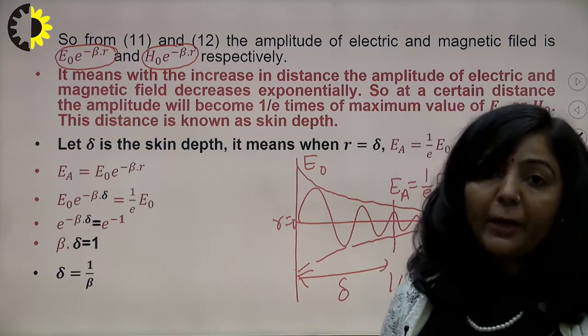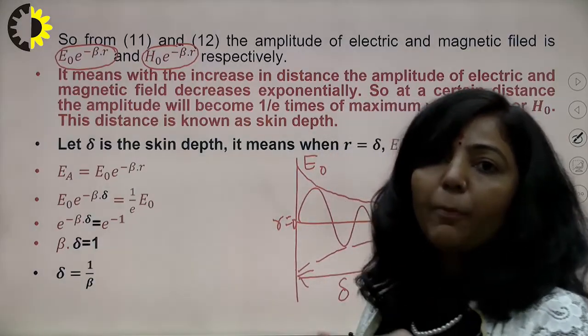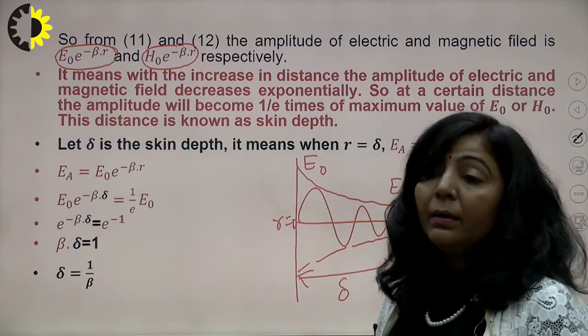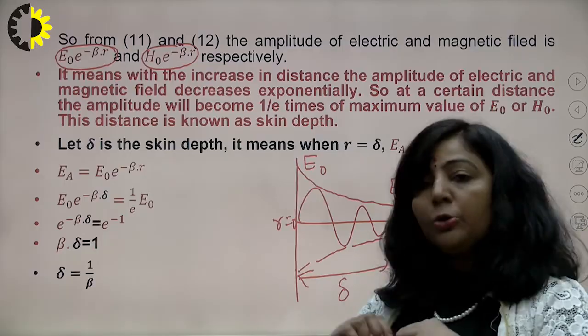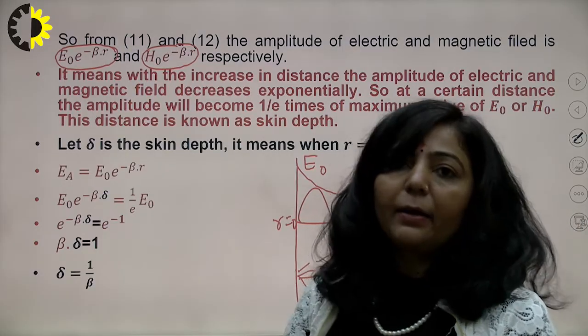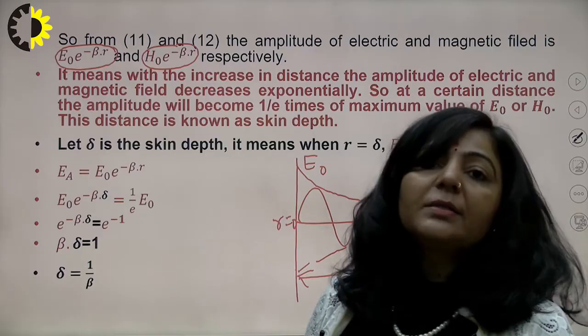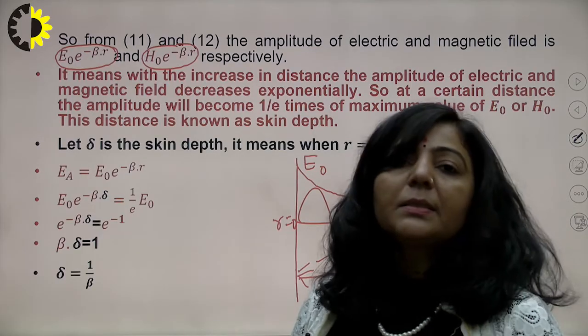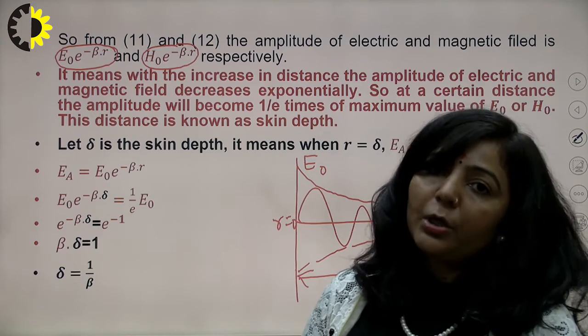What I am trying to explain here is that if light is propagating in a conducting medium, then as it moves into the conducting medium, the amplitude of electric field as well as magnetic field will decrease exponentially. With the increase in distance, it will decay exponentially, right?